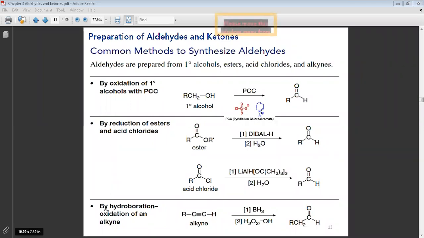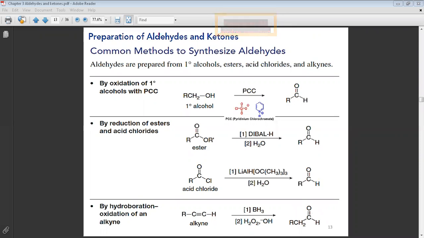And method number three is not new for you. You know this method: hydroboration, oxidation of an alkyne. You took it before. Step number one, hydroboration. Step number two, oxidation by using hydrogen peroxide to give you the aldehyde. But the first structure will not be the aldehyde, it will be the enol, if you remember that.